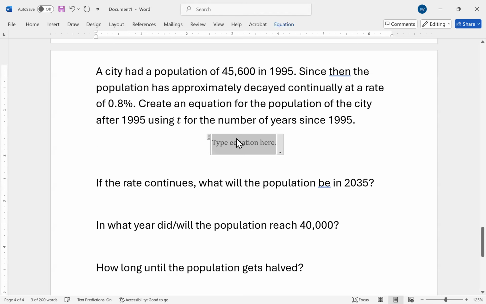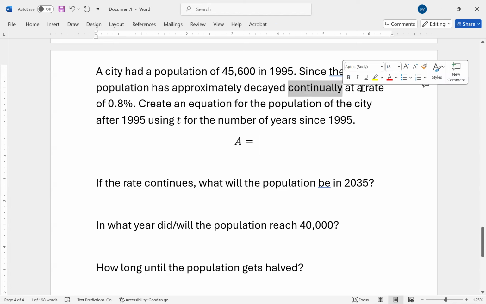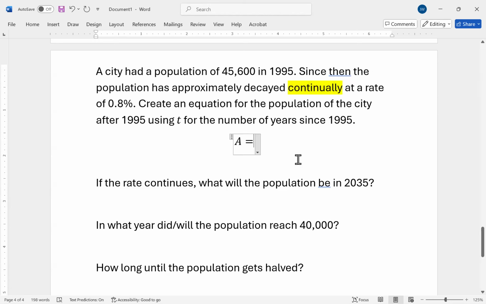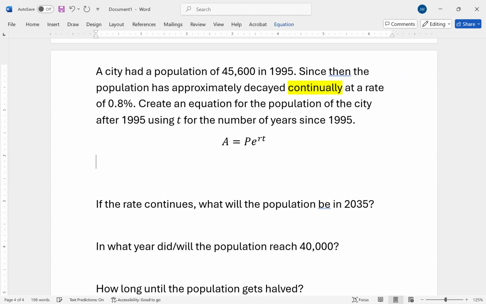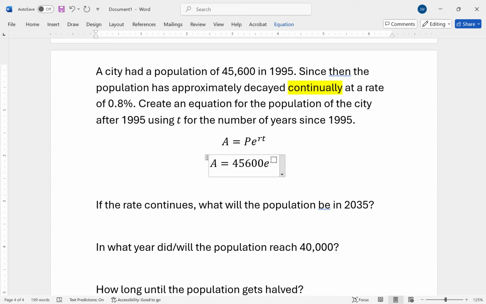All right, now the first thing we're going to notice is that it says the population has decayed continually. That word continually is telling us that we're using A equals P E raised to the RT power. In this case, the initial population is the population in 1995, which is 45,600. The E is obviously the number E. And then it says we are decaying at a rate of 0.8%.